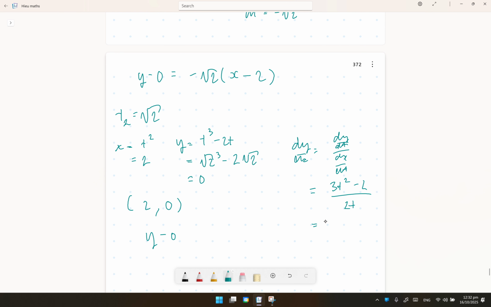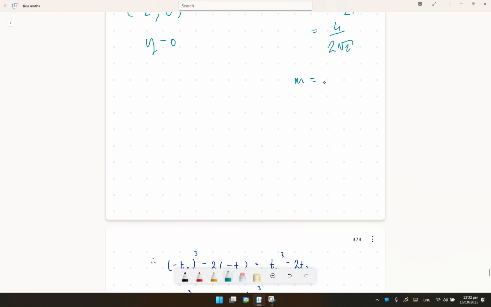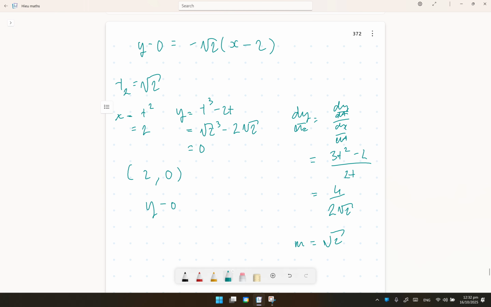So this would be equal to, again, t squared, root 2 squared is 2, 3 times 2 is 6, 6 minus 2 is 4 over 2 root 2. Same form as before, we do the same steps. That's going to leave us with m equals root 2, because this is positive, the other one's negative.